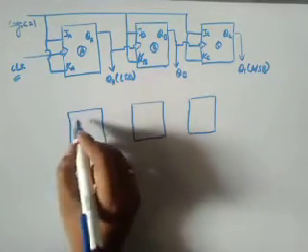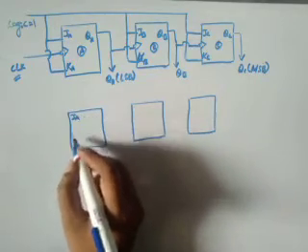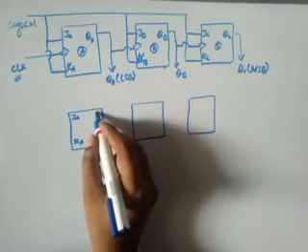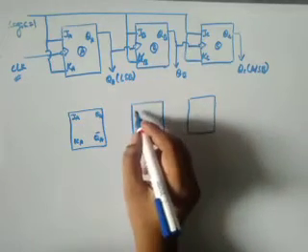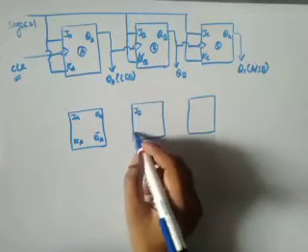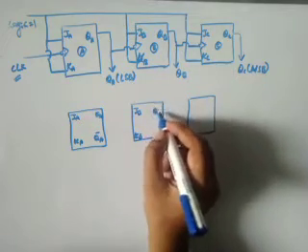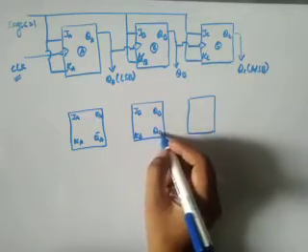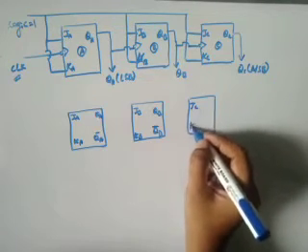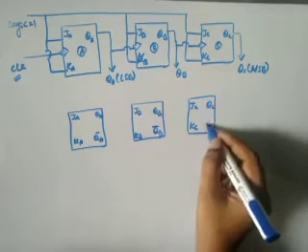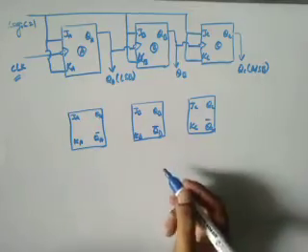So this is JA, KA and QA bar. Next JB, KB, QB bar. Next JC, KC, QC bar.